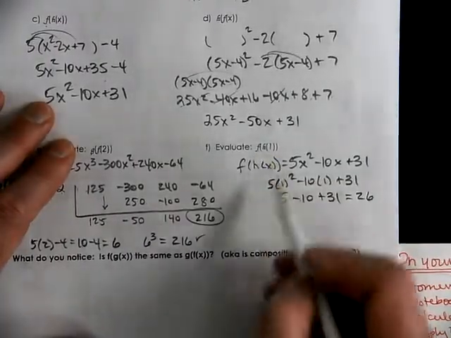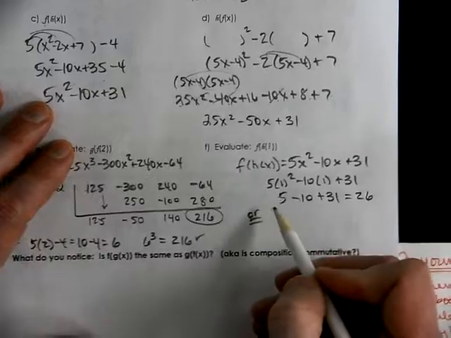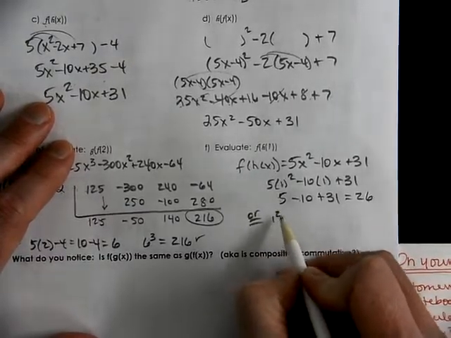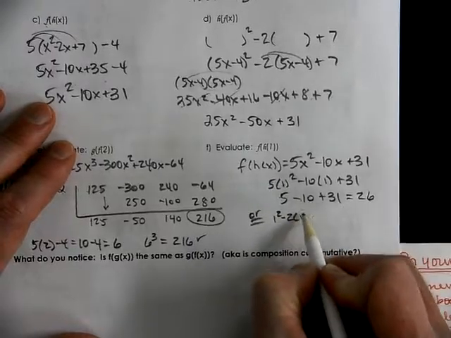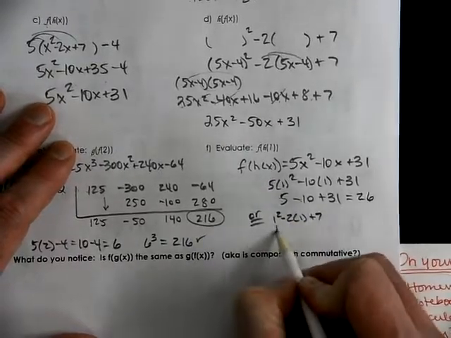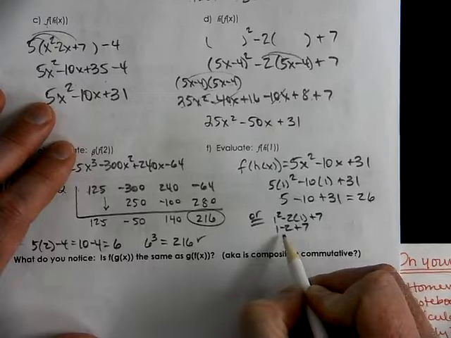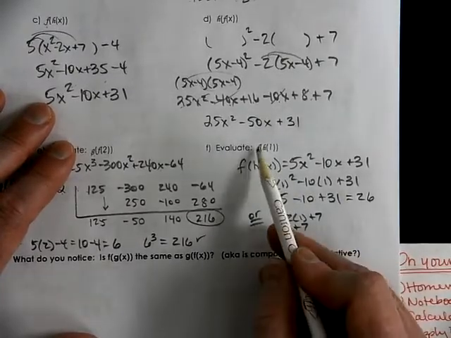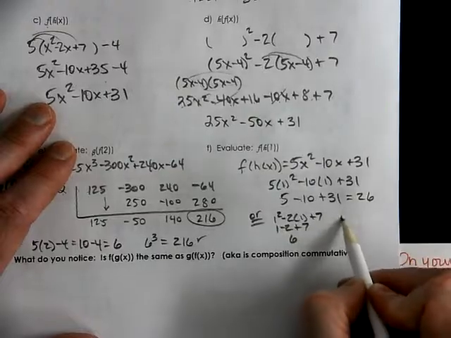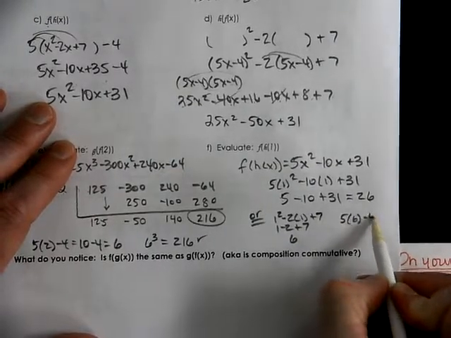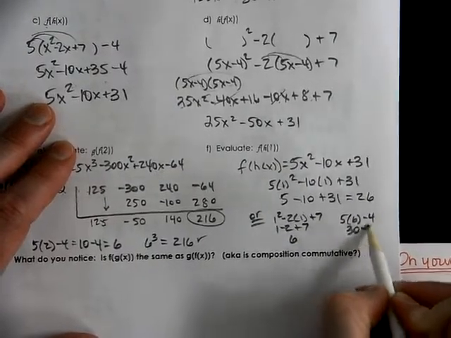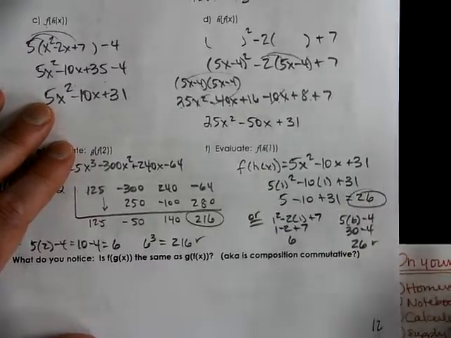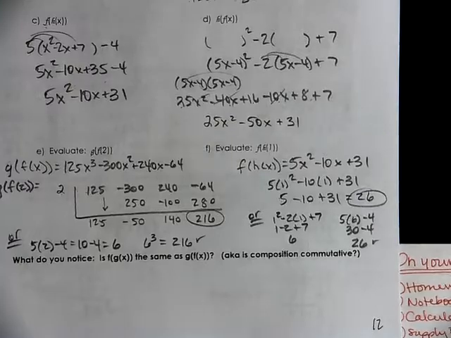Or you could figure out h of 1. So your h function would have been 1 squared minus 2 times 1 plus 7, which is 6. And then your f function was 5 times 6 minus 4, which is 30 minus 4, which is 26. This is the same thing we had before.